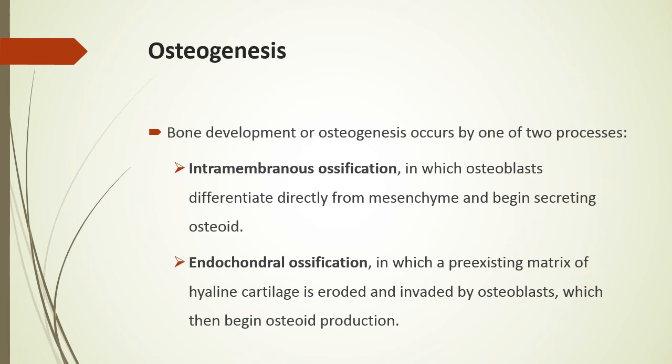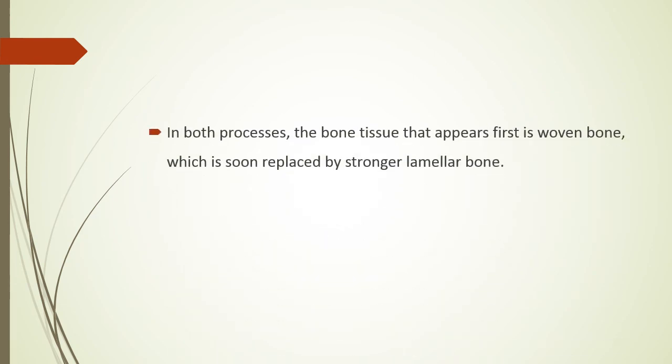And in both processes, whether intramembranous or endochondral, the first bone tissue that appears is woven bone, which is soon replaced by stronger lamellar bone.